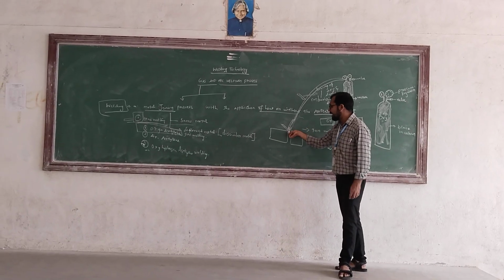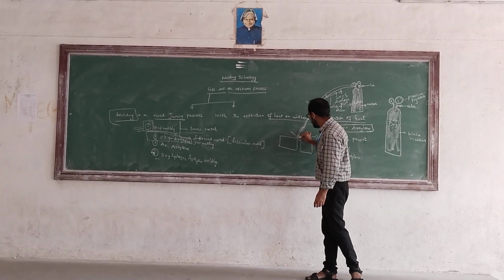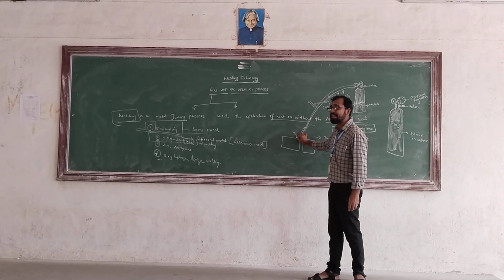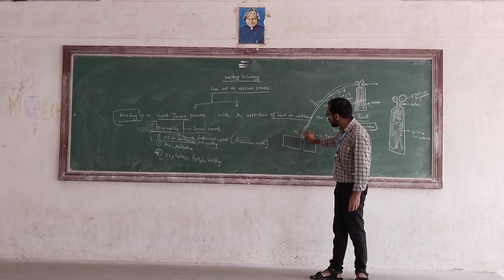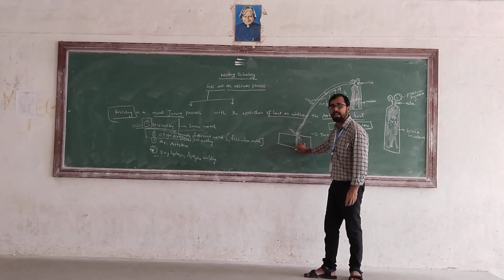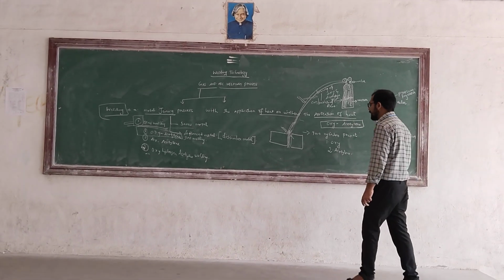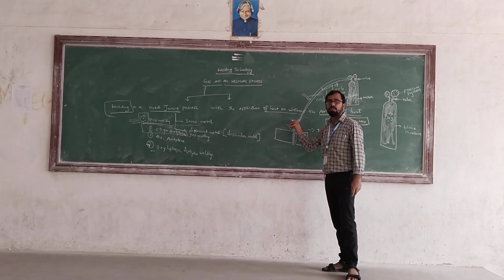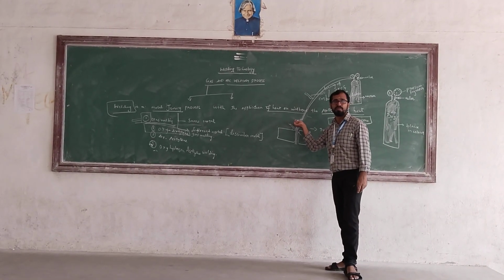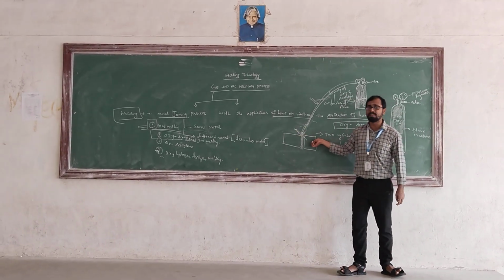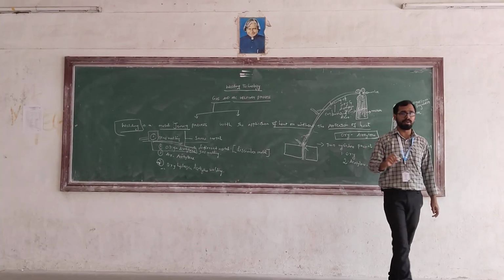By placing the electrode, it makes a 30 degree welding angle. It flows over the weld area and the metal is joined by the application of heat. Under the application of heat, two dissimilar metals or two same metals are joined.